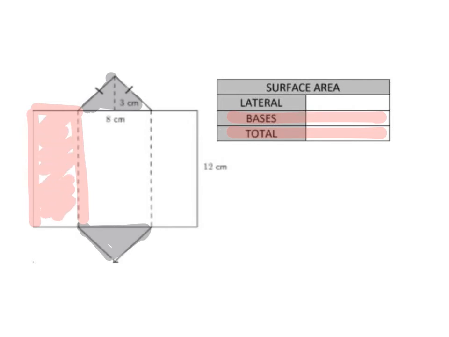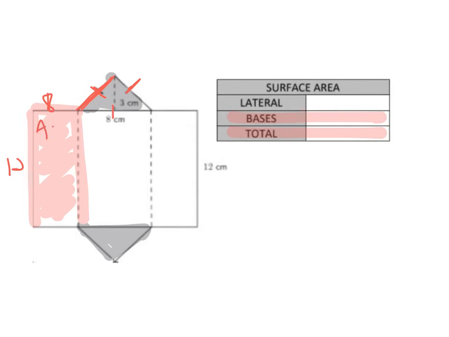So what are the dimensions for that one? 12 and 8. How do you know it's 8? Because if you notice here, they're telling you that this is the same as that, which is the same as that. So that means this is going to be 8. So now all we have to do is find the area of that.